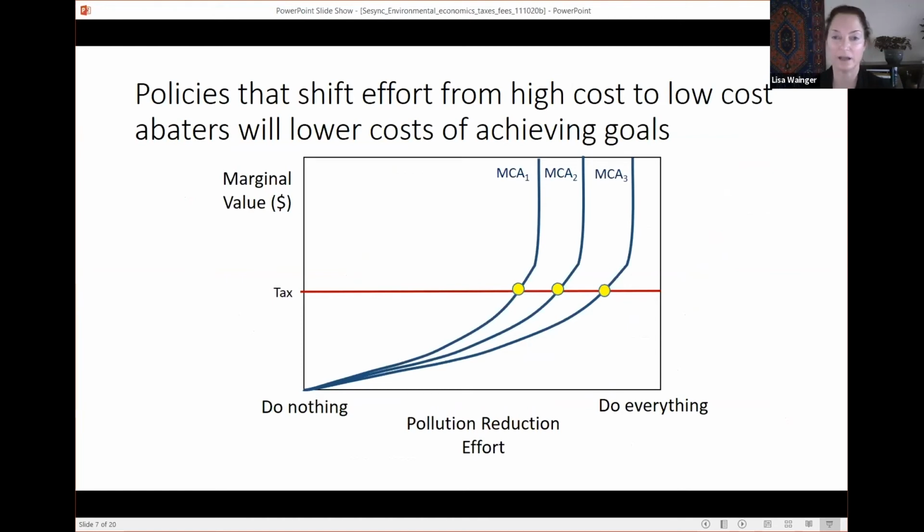Now, a lot of times when I'm talking to environmentally oriented people, they say, I don't care what it costs. But I think it's important to remember that I don't really think there are any bad guys. There are just bad incentives. These wastewater treatment plants are just going to pass along these high costs in fees if they can, if they're not prevented from doing it.